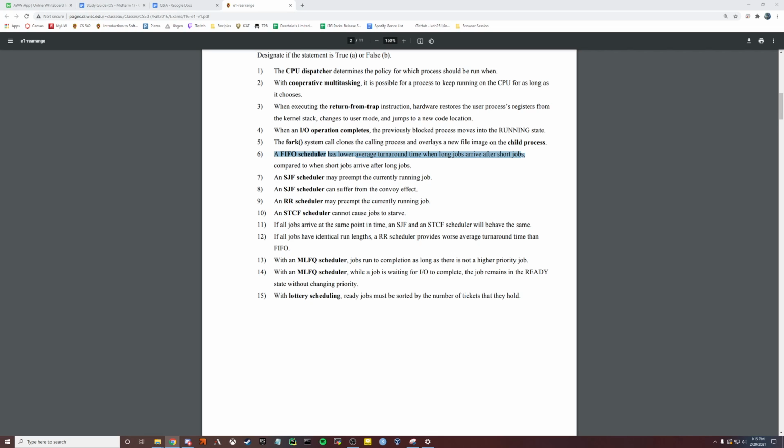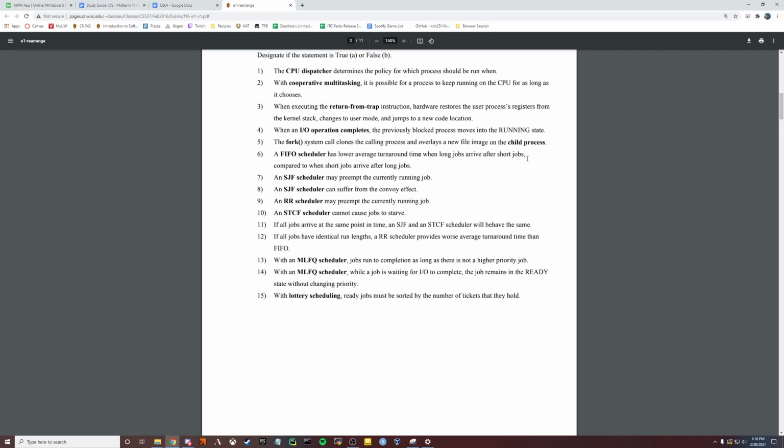I think this is true just if you look at the turnaround time metric, since it's arrival, what is that? It's arrival time minus end time, right? So if the long jobs arrive first, then it's going to drive up the mean turnaround time.